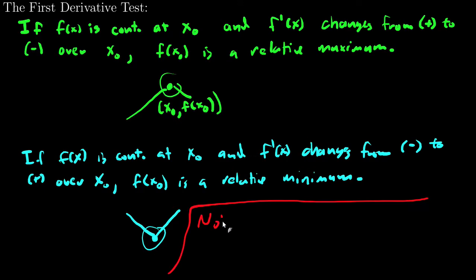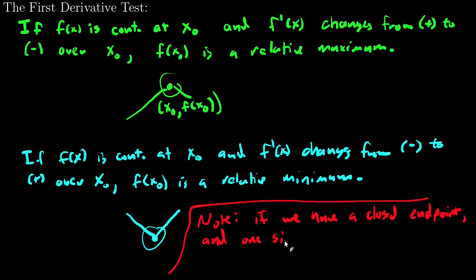So note, if we have a closed endpoint from a closed interval or a half-closed interval, and one side follows the rule, so for instance, if my endpoint is a right endpoint and to the left it's positive, we still get a maximum.